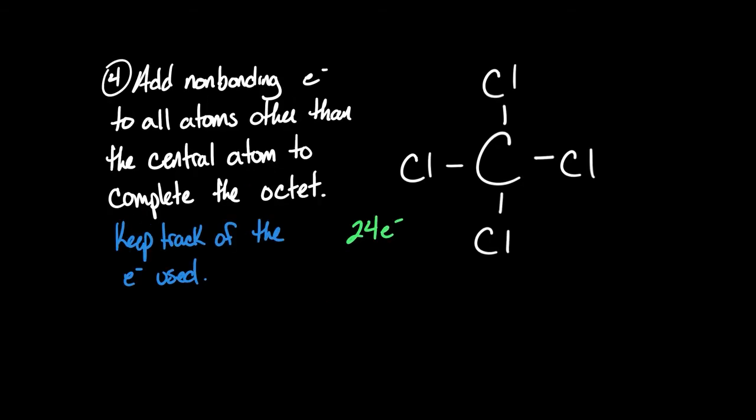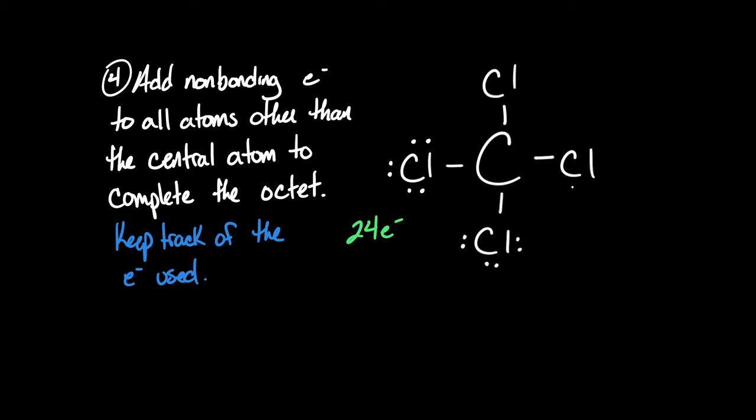In our fourth step, we're going to start distributing those 24 electrons, and we're going to do that by completing the octet for each chlorine. Each chlorine already has 2 electrons in the bond, so we're going to add 6 non-bonding electrons to each chlorine as 3 pairs of dots. We'll do this for each chlorine.